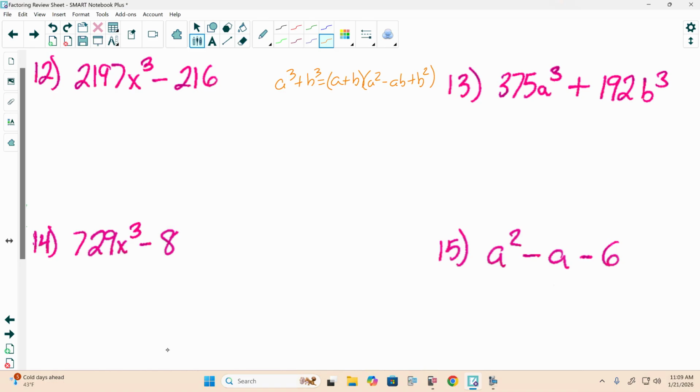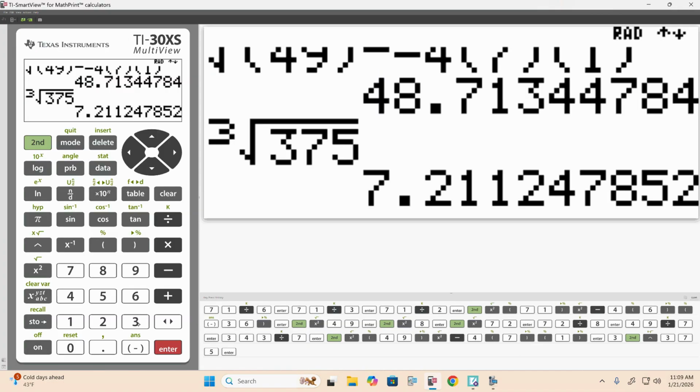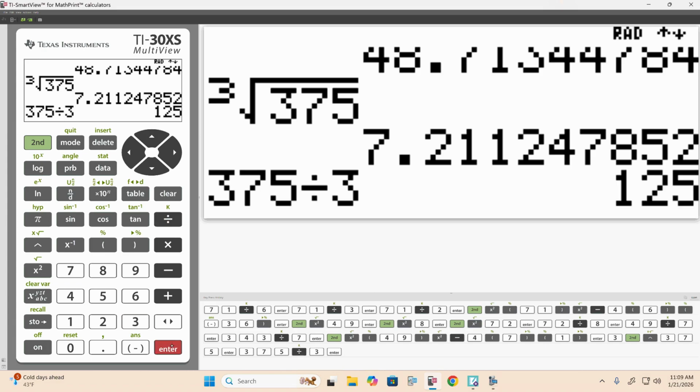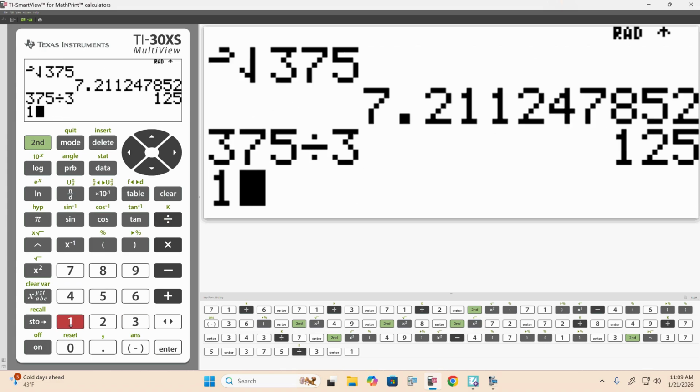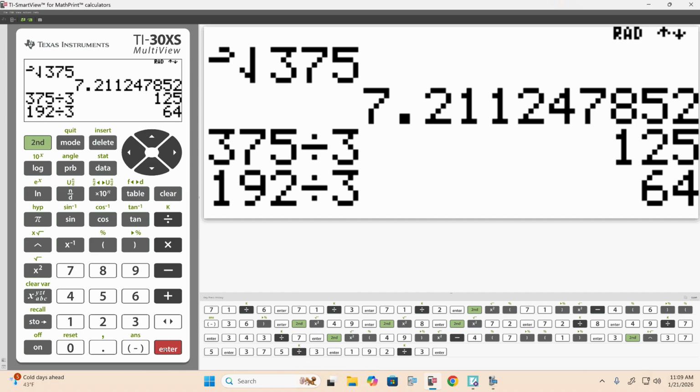So the next thing I'm looking for is the greatest common factor between these two terms. Now 375 and 192 are both big numbers, so I'm going to start small. 2. 375 does not divide by 2, because it's not an even number. So the next number we can go is 3. 375 divided by 3 is 125. 192 divided by 3 is 64.